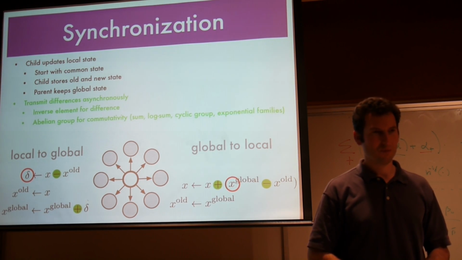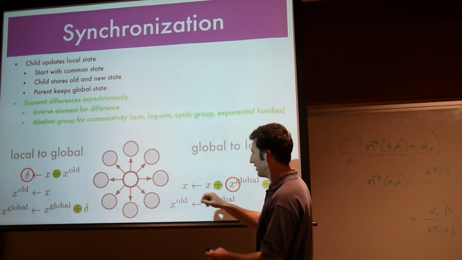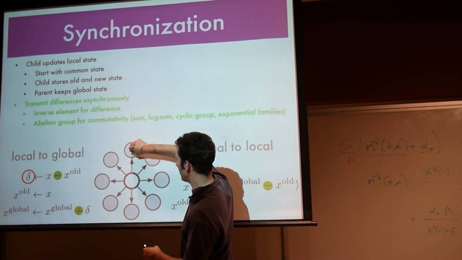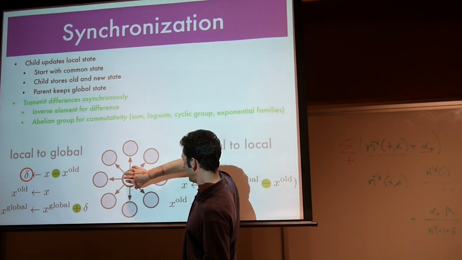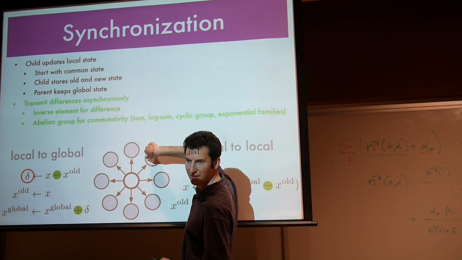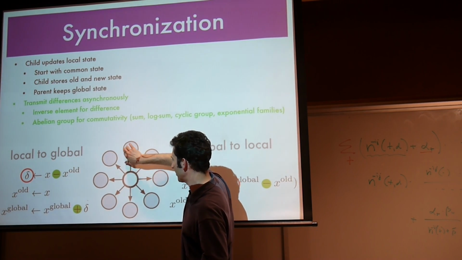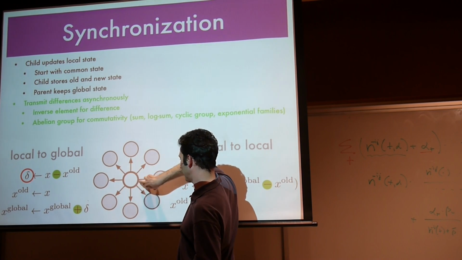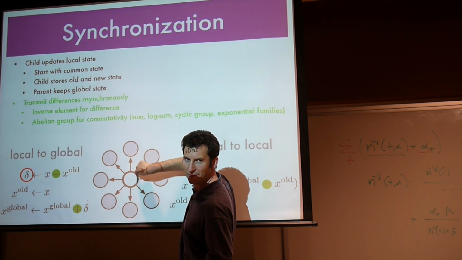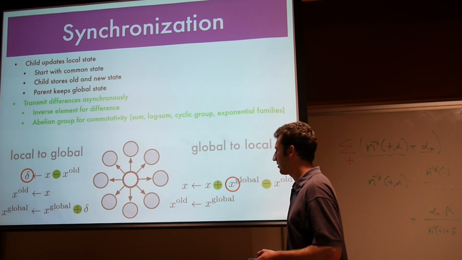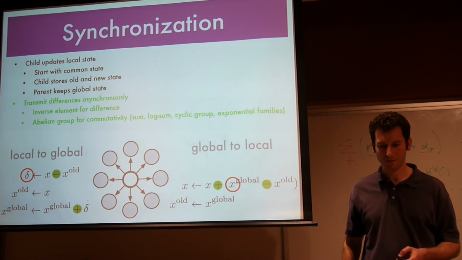That is smaller than, let's say, this machine needing to find out what everybody else did. So you transmit the aggregate, and that is considerably smaller than each message from the other children.